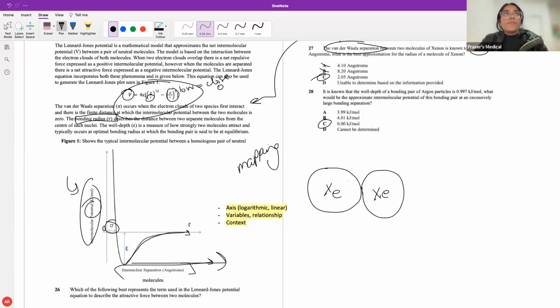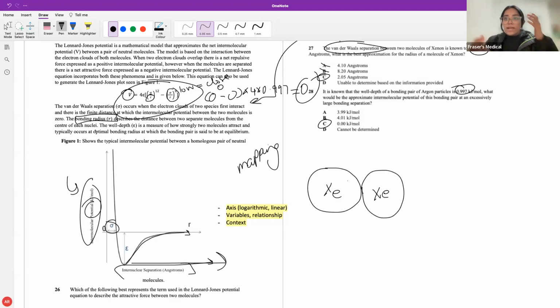So it becomes something like 0 minus 0, or 0.0001 minus 0.0002, which is essentially 0. And you're multiplying that by the well depth, 4 times 0.997 as it says here. Regardless, if you're multiplying anything by 0, it's going to be 0, which is your intermolecular potential.